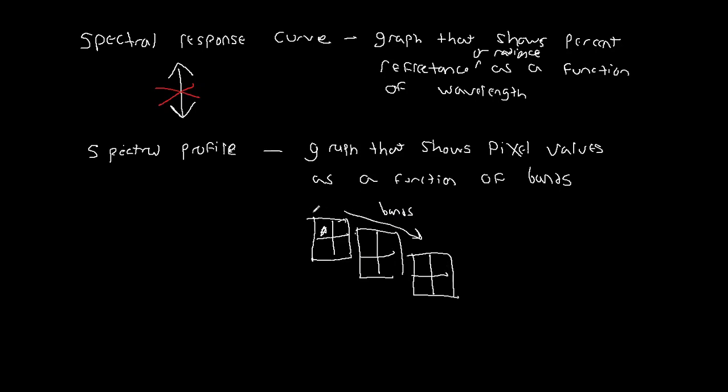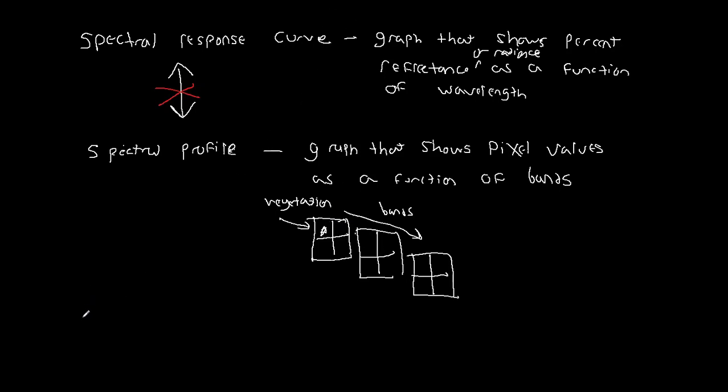And with a spectral response curve, I'm going to make the statement that this is vegetation, that the thing this pixel is remote sensing is vegetation.